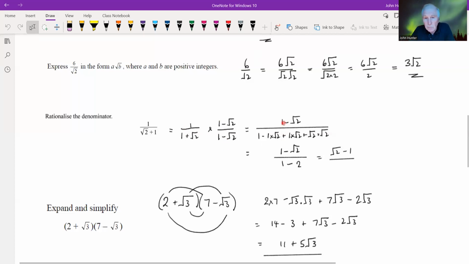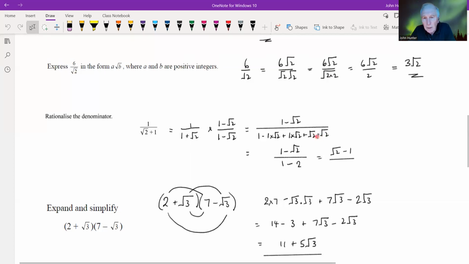So the numerator becomes 1 minus root 2. On the denominator, we're going to get our 1 times our 1. The inside ones and the outside ones are actually going to cancel: that's minus 1 times root 2 plus 1 times root 2, so they're going to drop out. Then we have minus root 2 times root 2, so minus there.